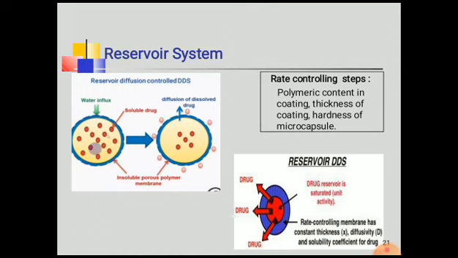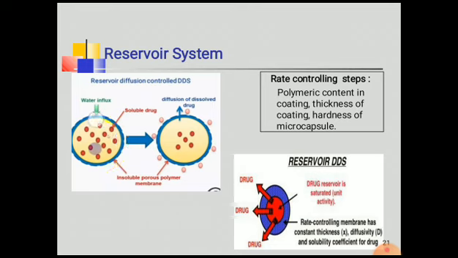We prepare that first. After that, this matrix system is again coated with the water insoluble polymer. So now two systems are there: one is the coating system and another is the matrix system. Here you can observe this blue circle. Here pores will be there, right? Gaps will be there.